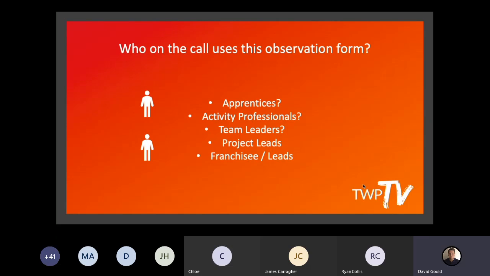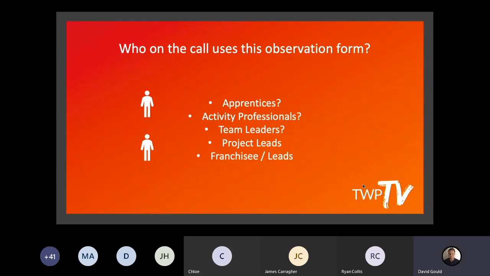What about if you're an activity professional? How have you used this observation form? If you wanted to unmute yourself and come on and speak about it, it'd be brilliant. I think there's lots of APs now linking themselves into the box. We've got Matty. Matty, you've put yourself as an activity professional.